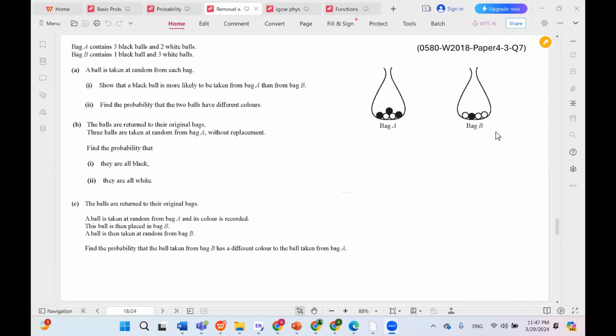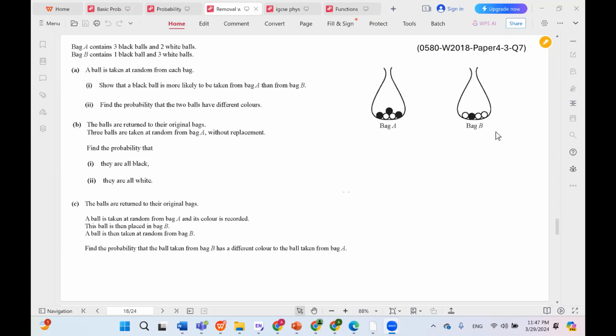In C, we are told the balls are returned to their original bags. A ball is taken at random from bag A and its color is recorded. This ball is then placed in bag B. A ball is then taken at random from bag B. Find the probability that the ball taken from bag B has a different color to the ball taken from bag A. So this is similar to AII. It's the same expression.